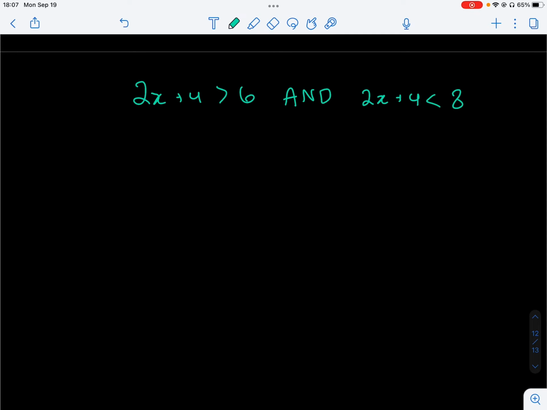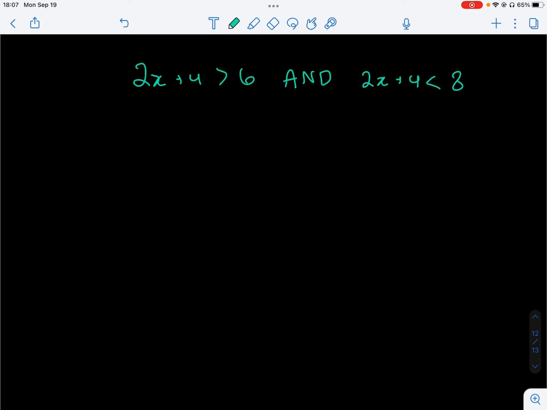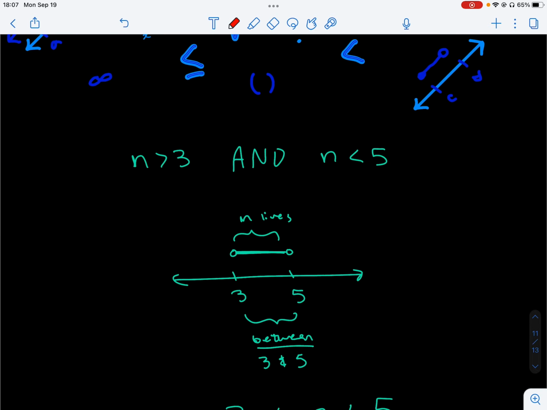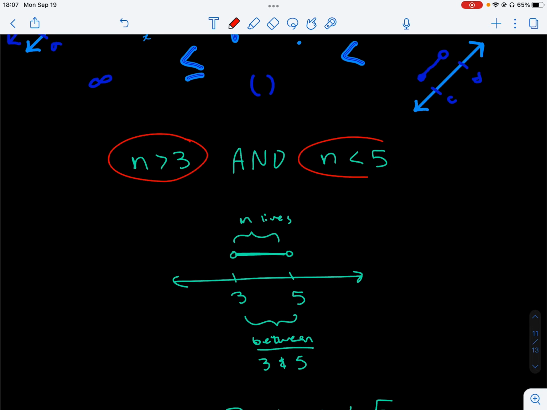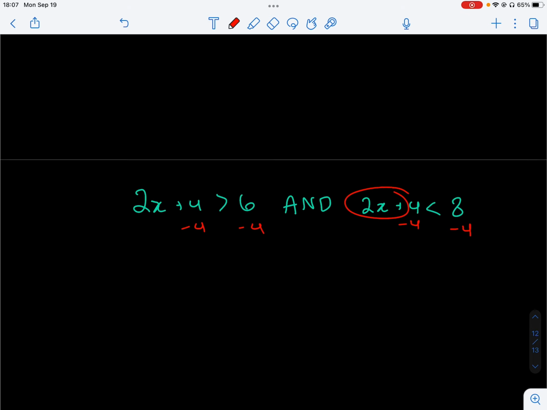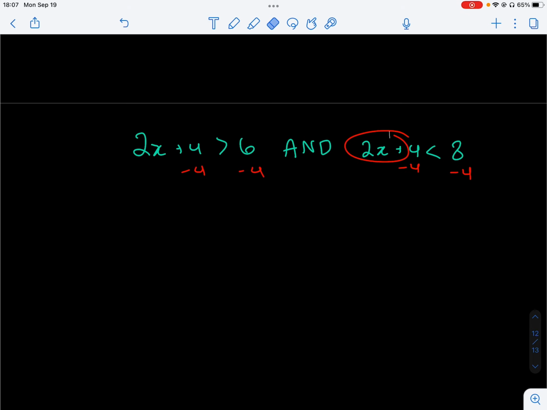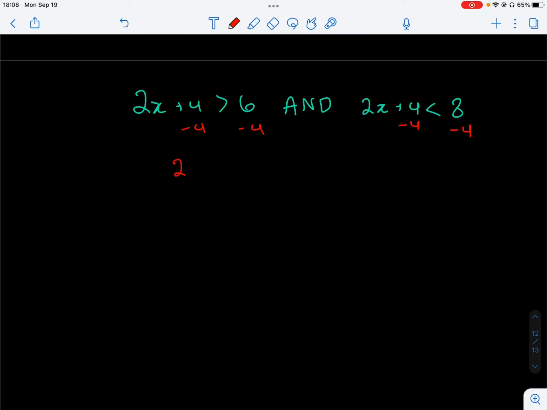So we can solve these through, and what you may notice is that I kind of already cheated a little bit. I kind of wrote the same expression here and here. I would wind up subtracting 4 from both parts of each inequality, because that would be the first step in isolating my variable. And I wind up with, well, in my first inequality, 2x is greater than 2.